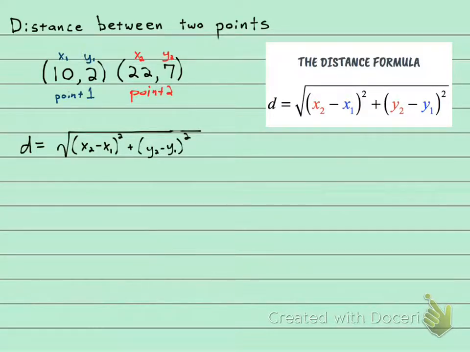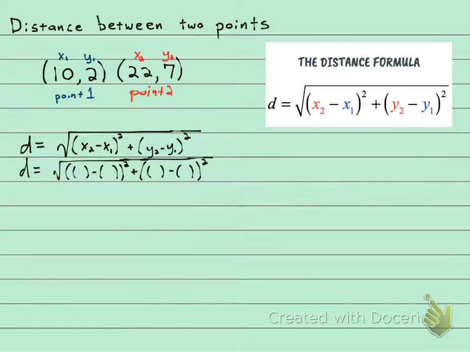Alright, now I'm just going to leave some blanks for my 4 numbers. So x2 minus x1 squared plus y2 minus y1 squared.